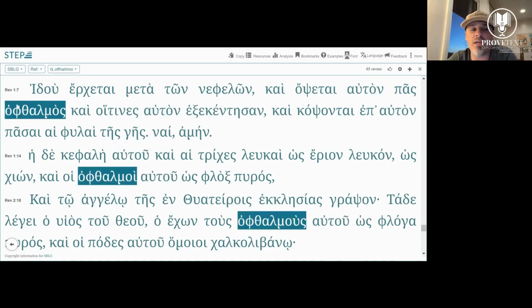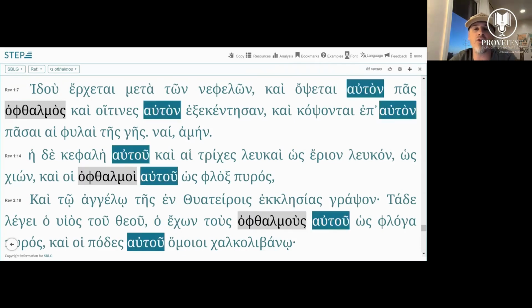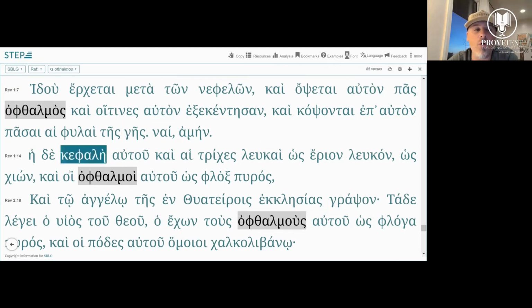Pas ophthalmos, what shall see him? Every eye, and every eye shall see him. Yeah? Yes, so opt and opht words are very, very important in the Greek New Testament, and you also see here ops, the omikron p sigma instead of tav, also related to the opt and opht words.